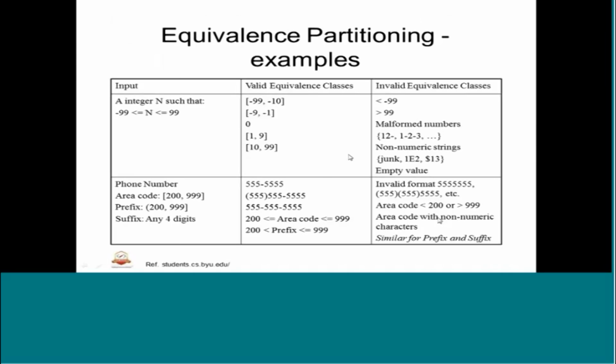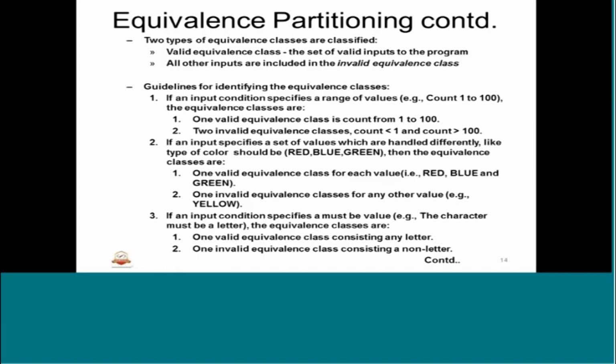All of these are scattered in this example. We can see where we have taken only numbers as an input, and the non-numbers and the misinterpreted numbers are all part of the invalid equivalence class, and valid numbers within the range are called the valid equivalence class.